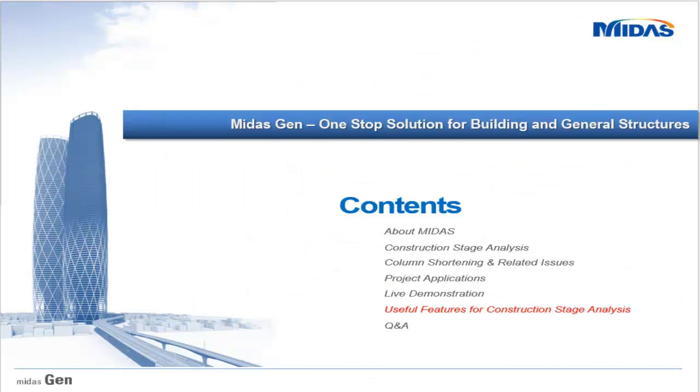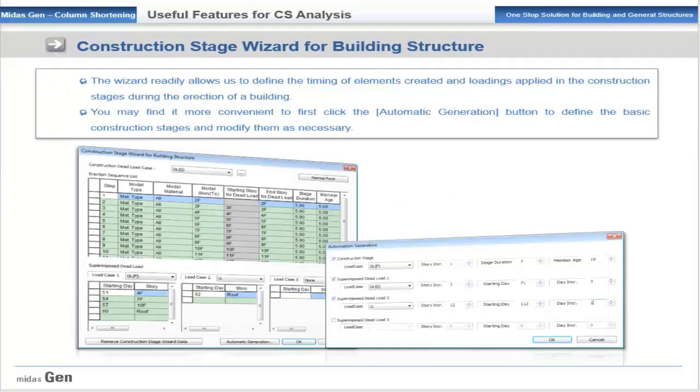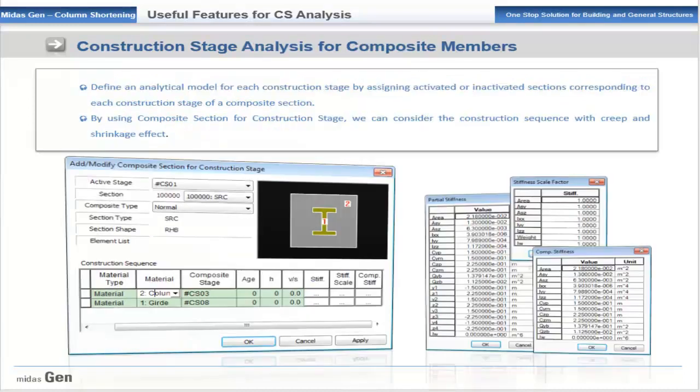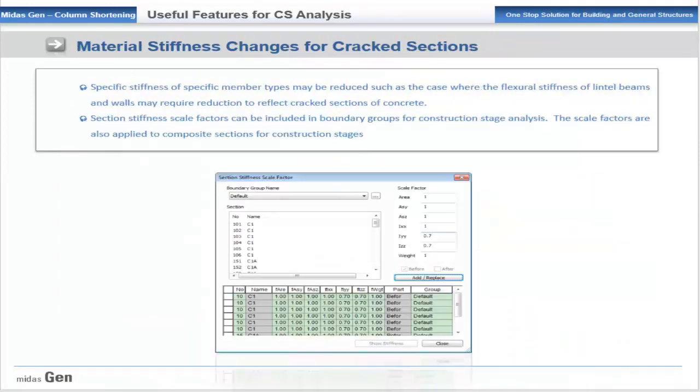Let us look at some useful features for construction stage analysis in MIDAS Gen. The building wizard, as we saw in the demonstration. The construction stage analysis for composite members. And the material stiffness changes for cracked section analysis.